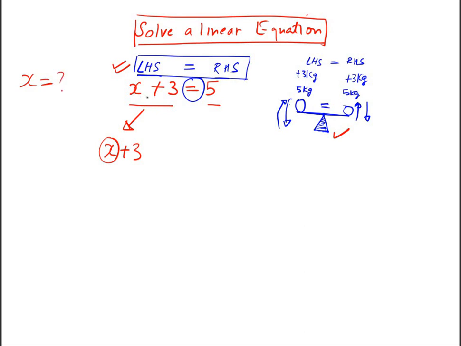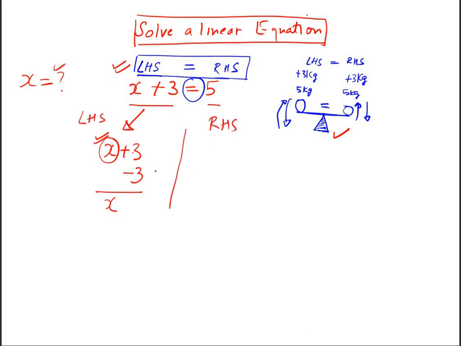So that means I have to take everything off from the left hand side and leave x all alone in order to find the value of x. So at this point, I have 3 which is getting added to x on the left-hand side. So if I take off 3 from the left-hand side, x plus 3 minus 3 makes it x on the left-hand side.